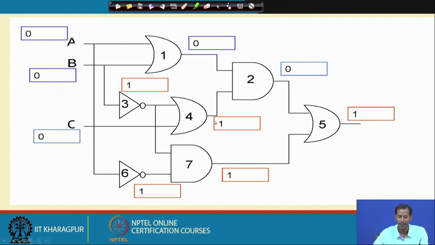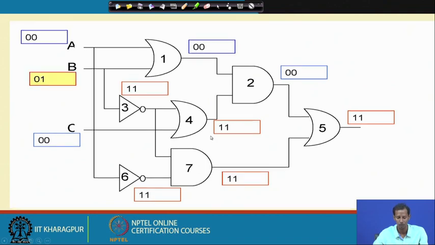Then after that what is happening? So, 1 and then 0, this is 1, this is 1 over here and 1 over here. So, this is 1, then this is 0, this is 1, 0, this is 0, this is 1, this is 1. Now next, B is changed to 1.